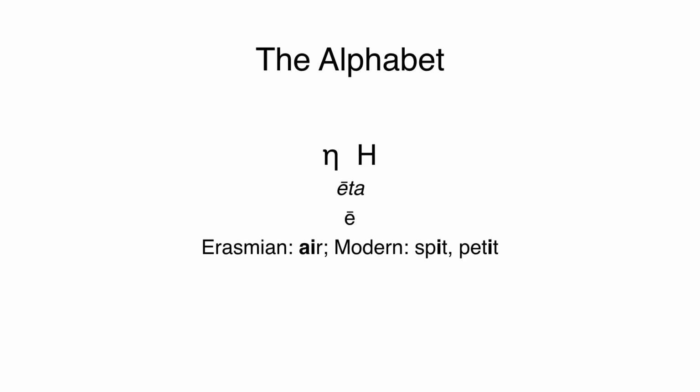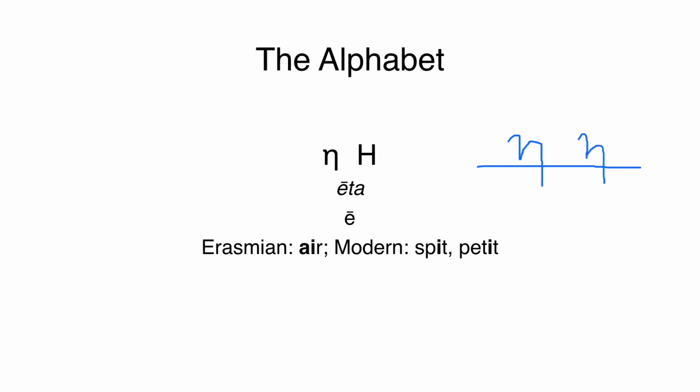Our next letter is eta or ita. Imagining the line here, we have a little curve down to the line and then a second stem that hangs below the line.